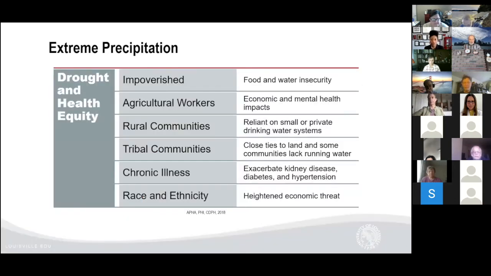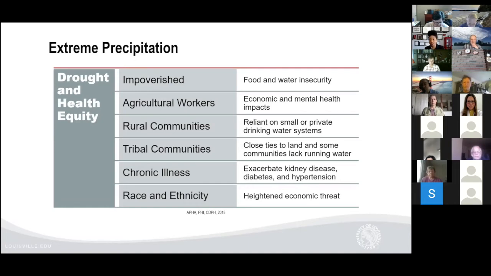But here are a few additional populations that are uniquely burdened specifically by drought. Impoverished communities can experience food and water insecurity due to drought. Agricultural workers have close economic ties to the land, and the impacts of that can certainly affect mental health when there's that economic threat.